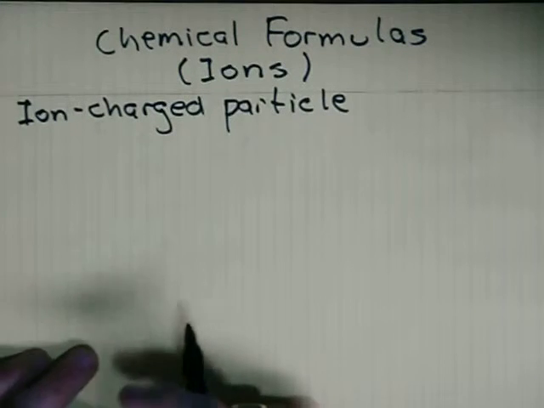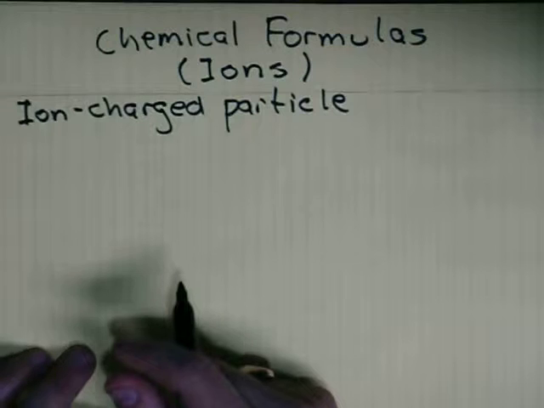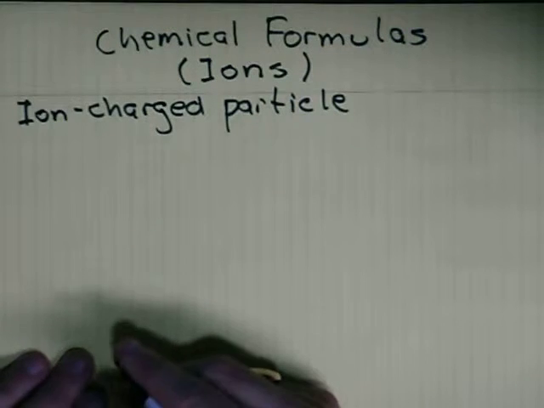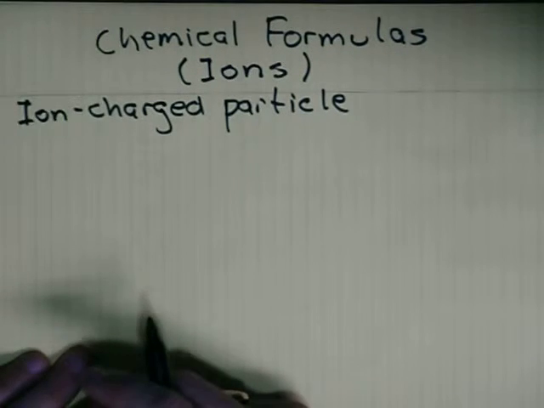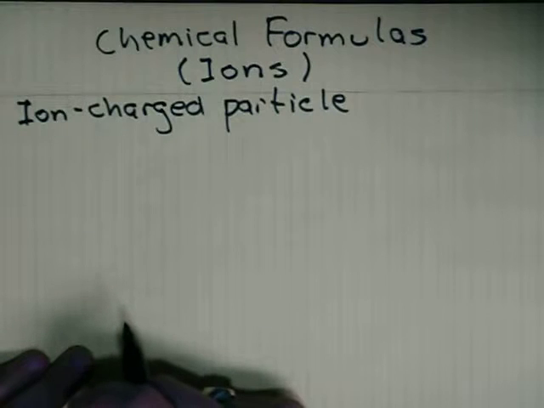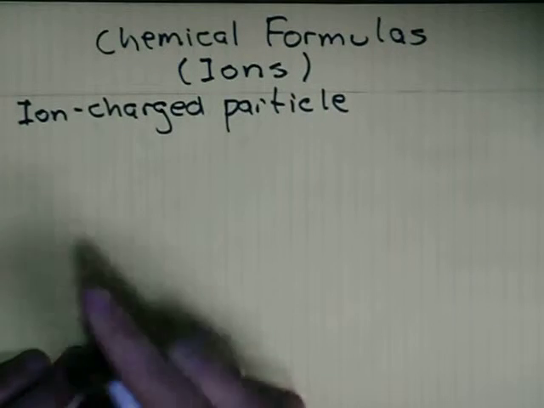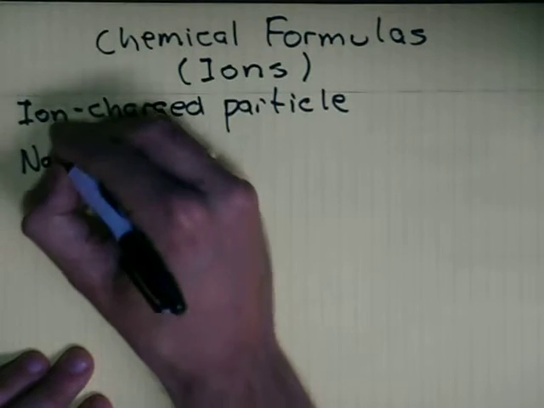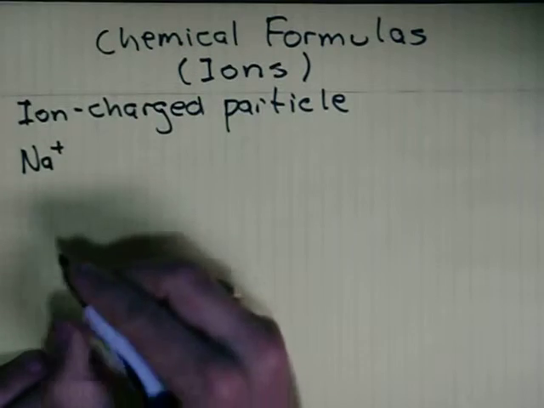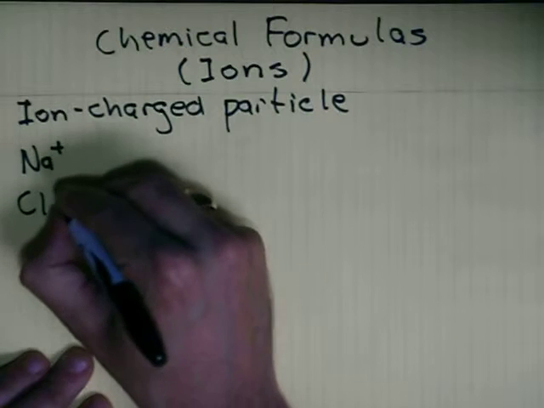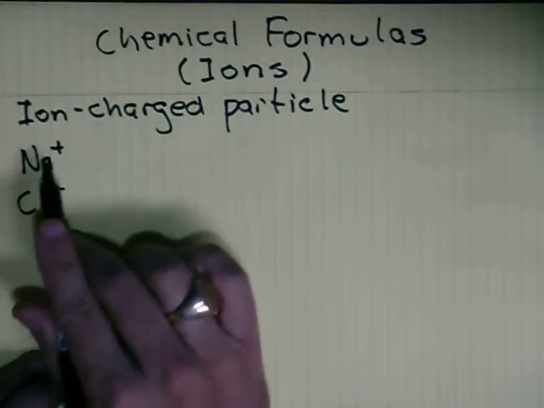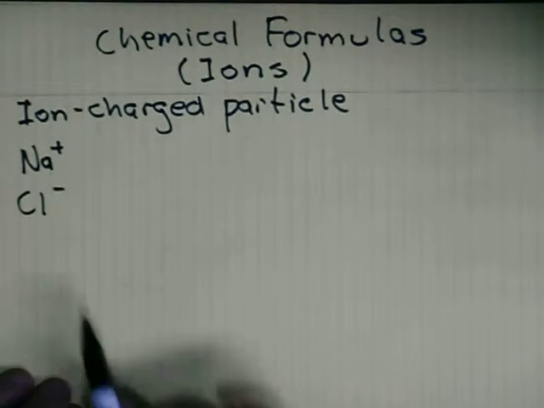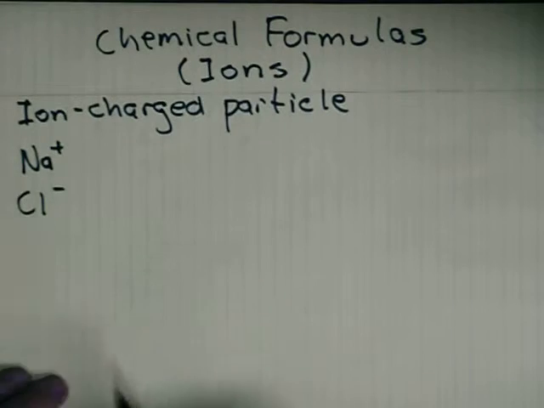So, for example, the sodium ion: if you take table salt, which is sodium chloride, and dissolve it in water, you get sodium ions and chloride ions. And we write it this way: Na with a little plus, Cl with a little minus.